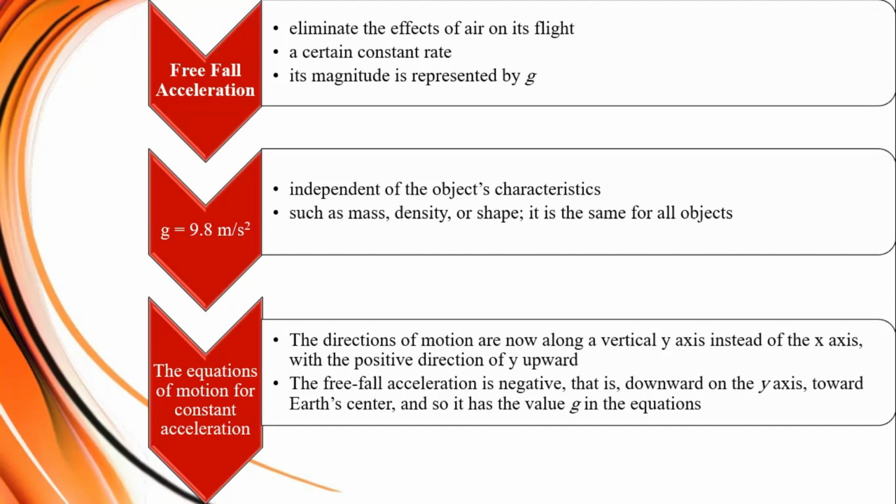However, note that for free fall, the direction of motion is now along a vertical y-axis instead of the x-axis, with the positive direction of y upward, and the free fall acceleration is negative. That is, it is downward on the y-axis toward Earth's center, and so it has the value minus g in the equations. The value of g is equal to 9.8 meters per second squared.